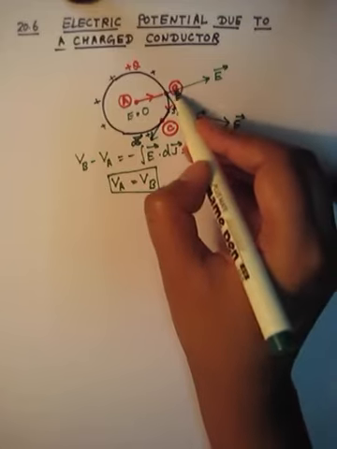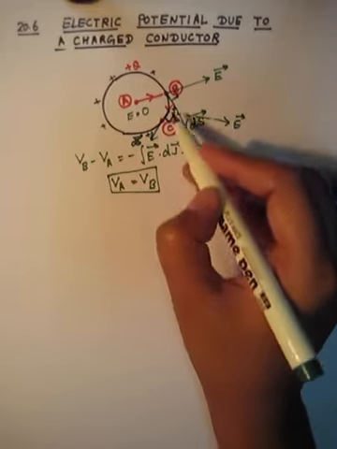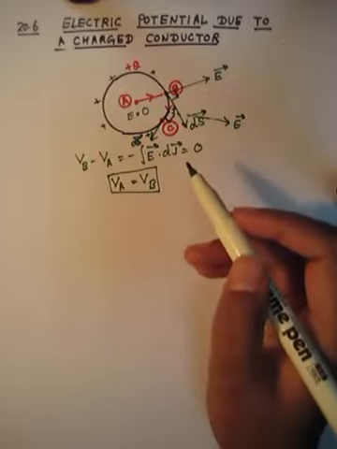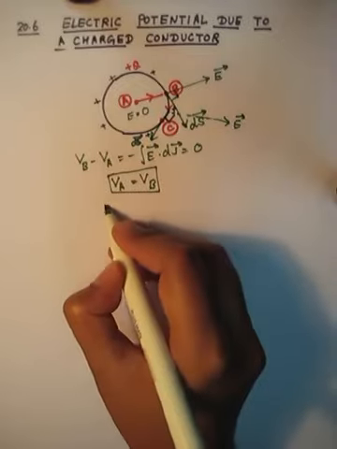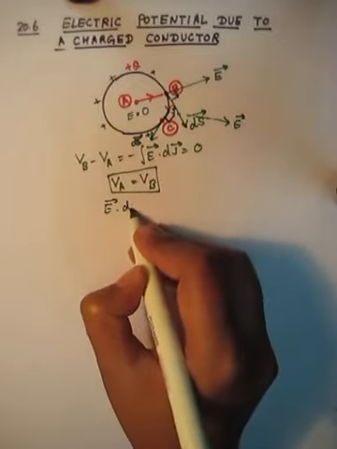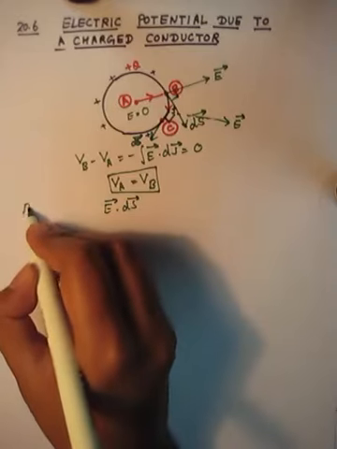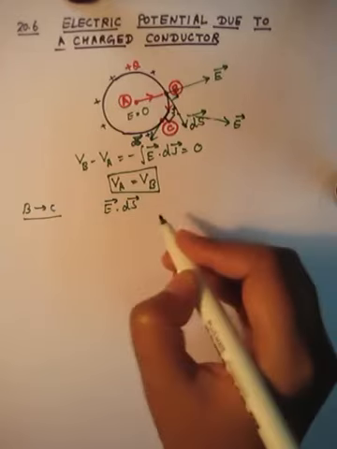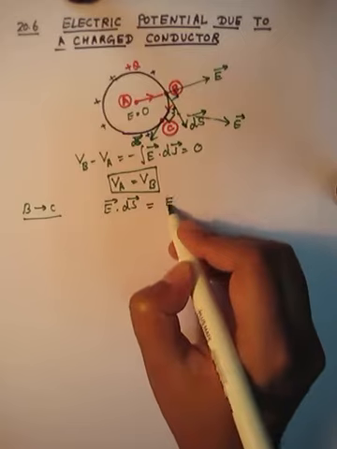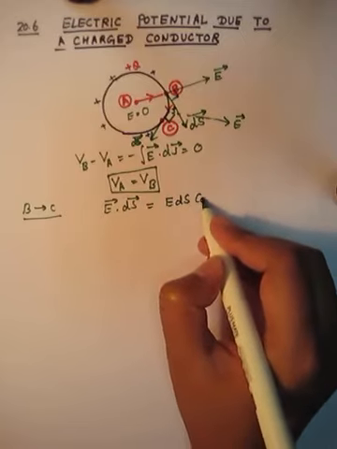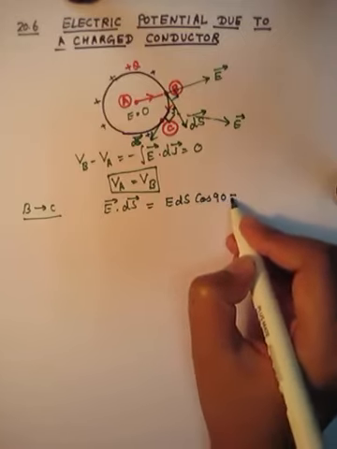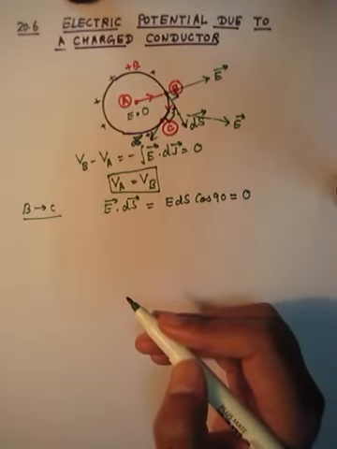So the electric field and the displacement vector will always make an angle of 90 degrees. So E vector dot ds vector when we are moving from B to C will be equal to E ds cosine of 90, so it will be equal to 0.